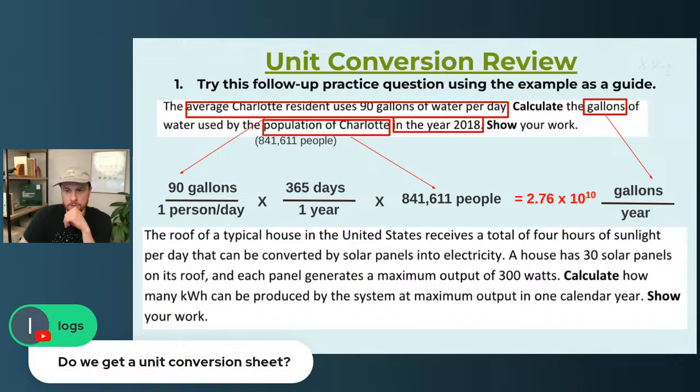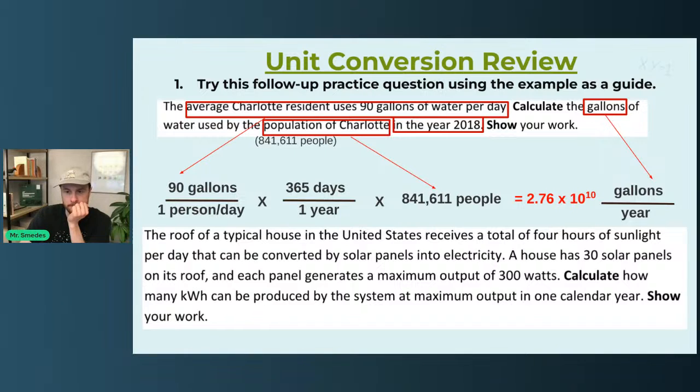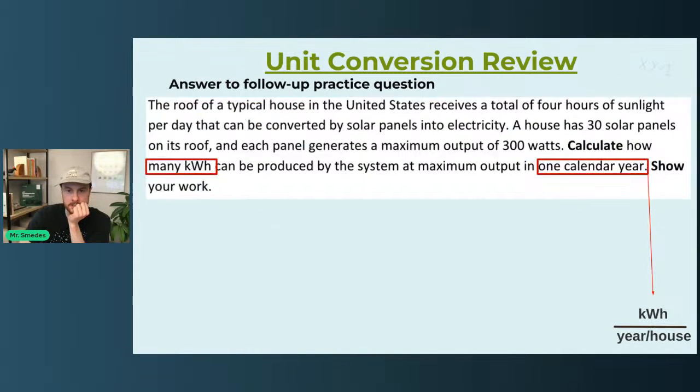Seeing quite a few correct answers in the chat, even someone who sort of showed their work. So let's go through it here. First step is going to be to pull out kilowatt hours per year per house. And sometimes you'll want a compound unit in your denominator there, just to remind you that you need to get to both of those.